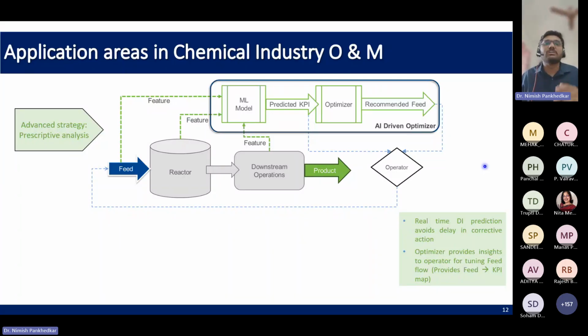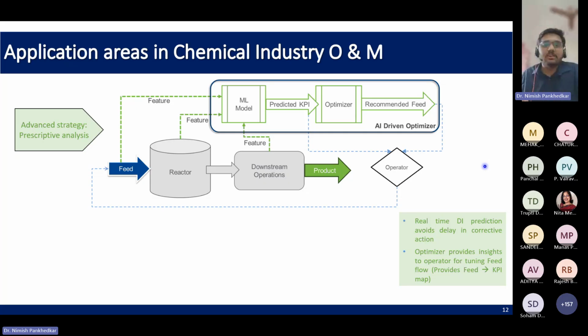If not, you have to use the historical data or the data in parts. So that is the challenge, and I'll be coming to that in the next session: what are the challenges you face? You might not have data at every minute for developing a model. You might have data every 6 hours, for example, for my feed composition. So to answer your first question, soft sensors to predict the top and bottom purities or the entire composition profile are widely used when it comes to distillation columns.